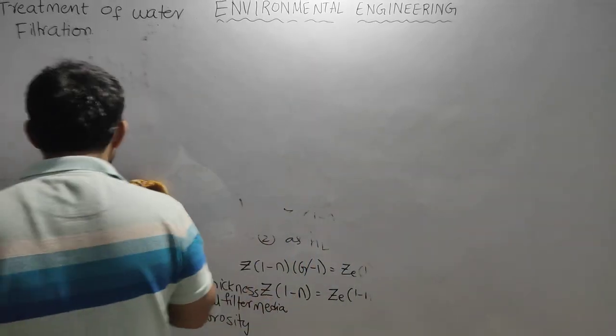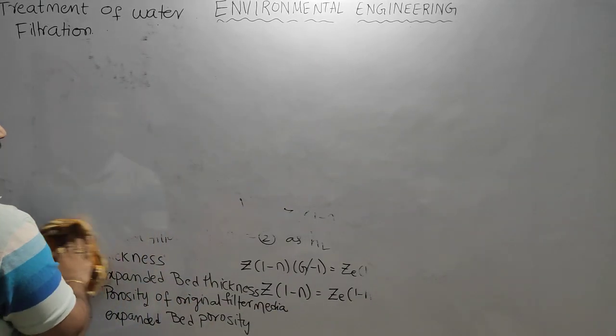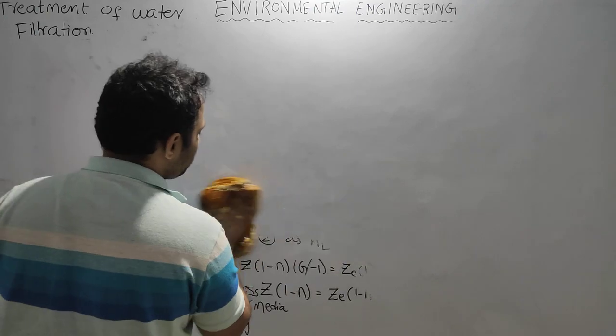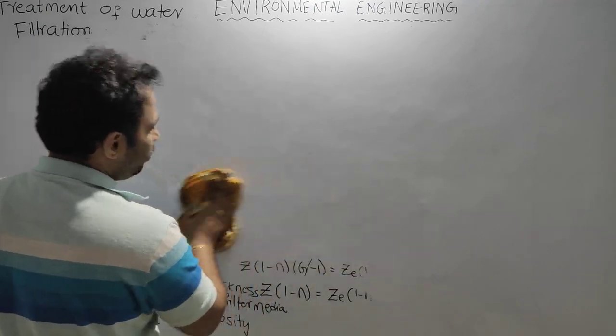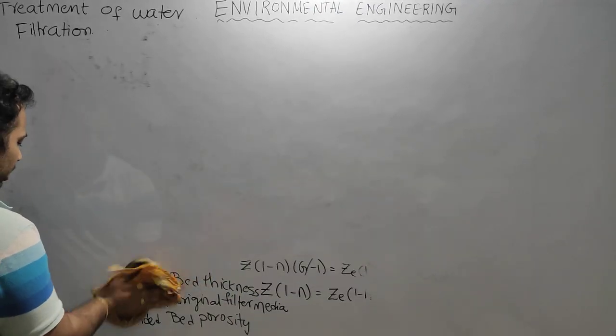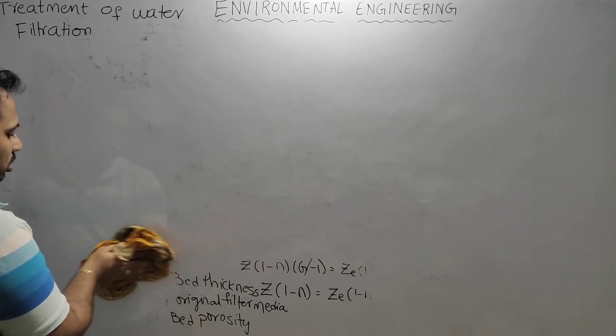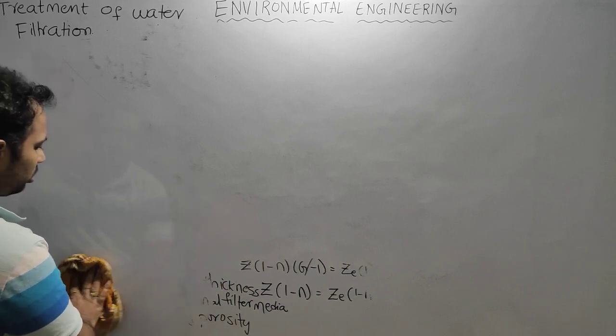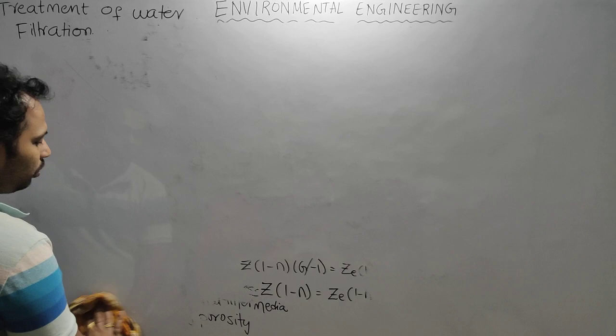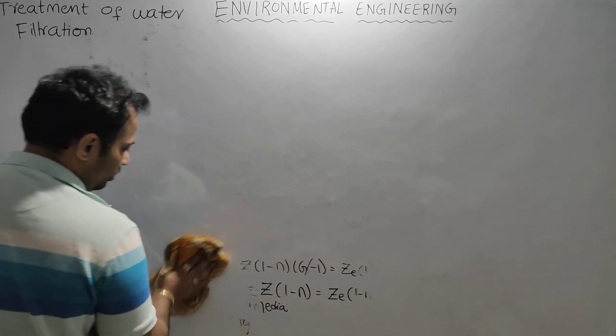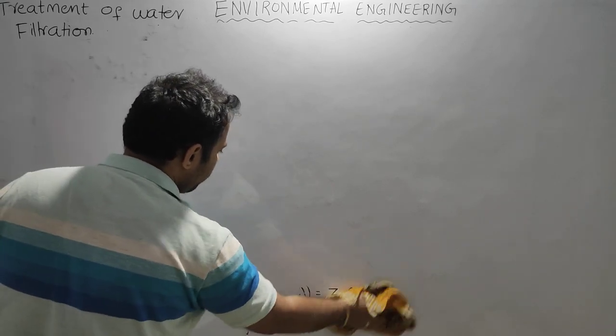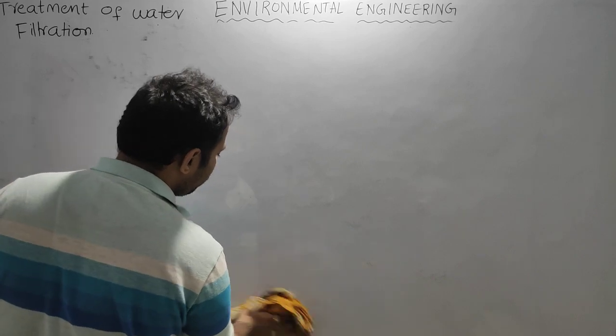So why do we need this expansion of the bed generally? What is the necessity to expand this bed? In order to wash the sand media, we need to increase the void spaces. Without increasing the void spaces, how can you clean the impurity?